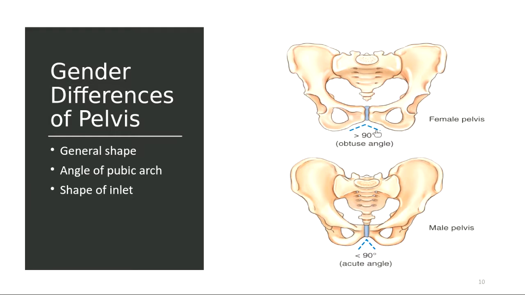The female pelvis typically has a very large or round inlet. The angle down here is much more obtuse, greater than 90 degrees on a female. And the wings of the ilium tend to flare out much more. I'm sure you've heard someone use the term "she has birthing hips," because female pelvises tend to be much wider, much more flared out than a male pelvis.